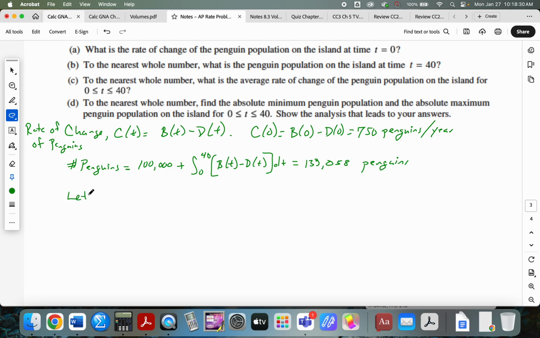If I let P of t be equal to the number of penguins at time t, the average rate of change would be equal to P of 40 minus P of 0 over 40.